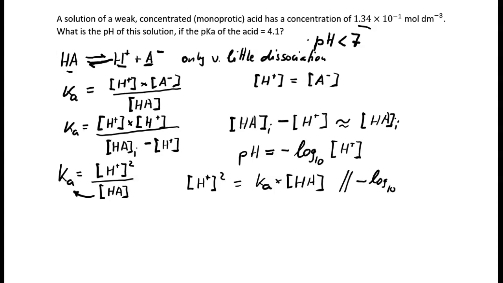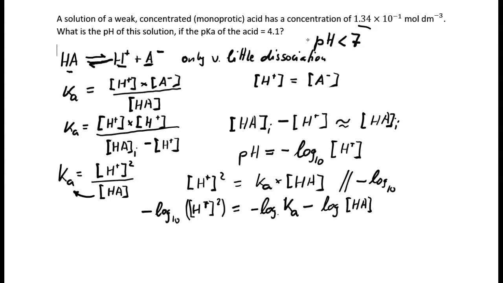So on the left hand side we have negative log 10 of the proton concentration squared equals negative log of Ka minus negative log of the acid concentration, like that. And they are all, of course, to the base 10.